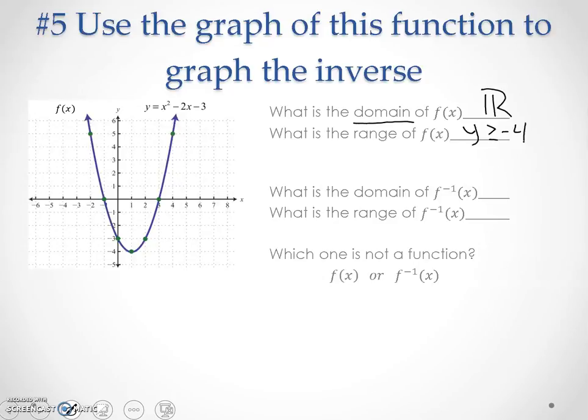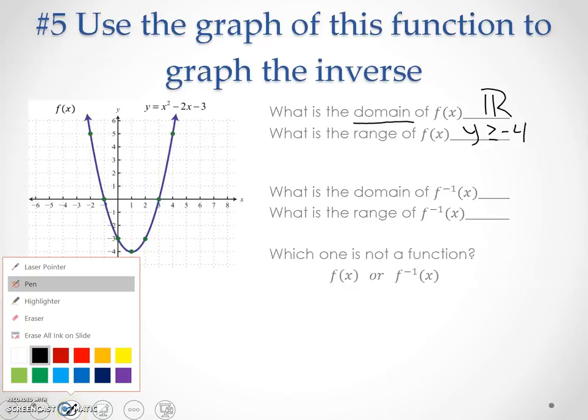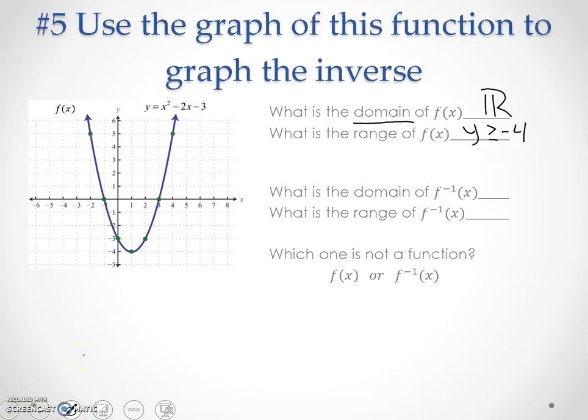Well, if I were to look at the domain of the inverse of this function, I really wouldn't even need to find the inverse of this function. What I could do is take a look at all the inverse points. So for example, we have this point right here, which is the point -2, 5. And if I switch those around, I'd have 5, -2.